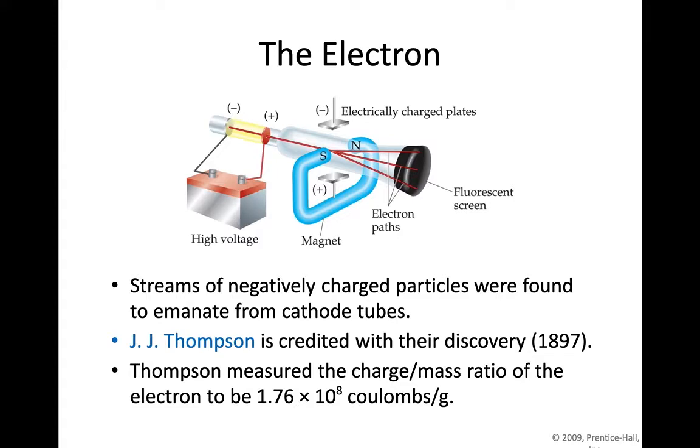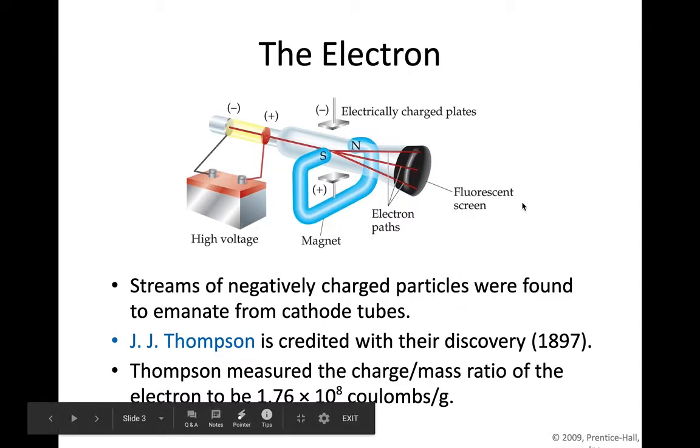The first was called the cathode ray or cathode tube experiment. This is what clued us into the existence of the electron in the first place. Scientists discovered that streams of negatively charged particles emanated from cathode tubes. So J.J. Thomson set up this experiment to prove the existence of the electron and also to measure a charge to mass ratio of the electron.